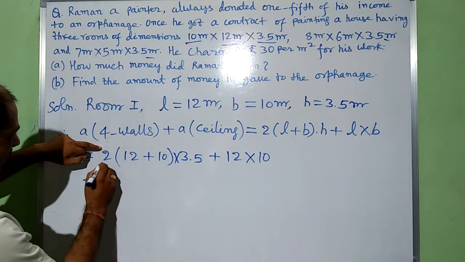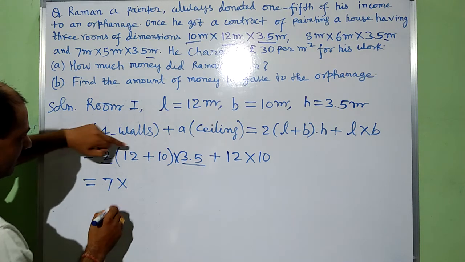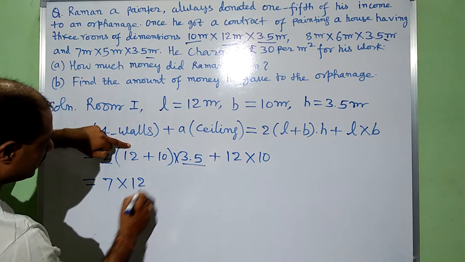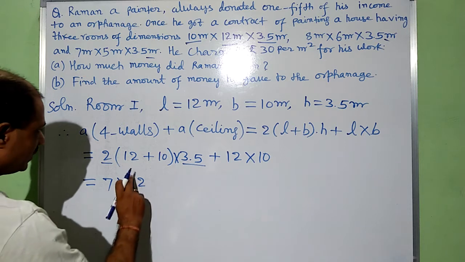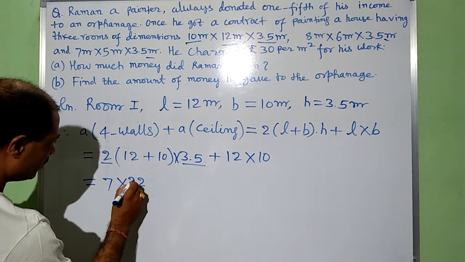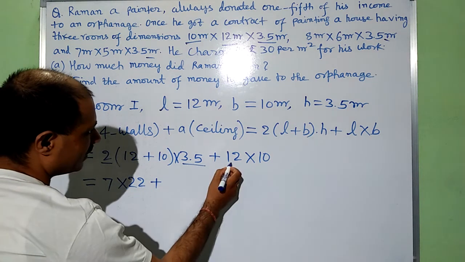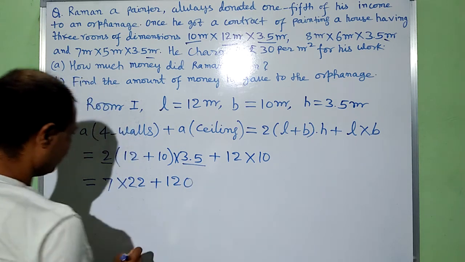It will give us 2 into 3.5, that is 7, into 12 plus 10, that is 22, plus 10 into 12, that is 120.